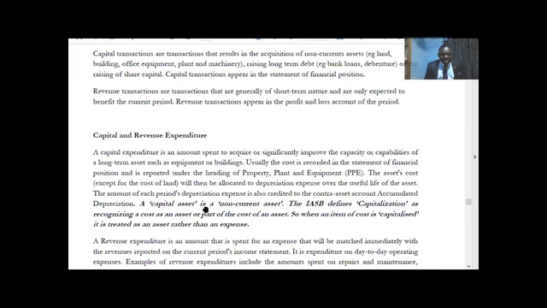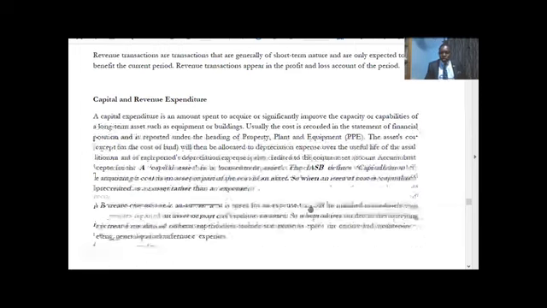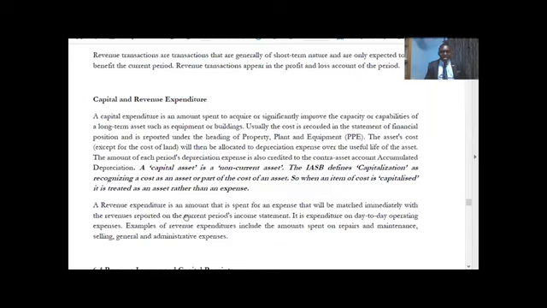Now, a capital asset is a non-current asset. The IASB defines capitalization as recognizing a cost as an asset or part of the cost of an asset. So when an item of cost is capitalized, it is treated as an asset rather than what? An expense. So when you hear of capitalization, it means that we are recognizing a cost, or part of the cost of an item, as an asset.